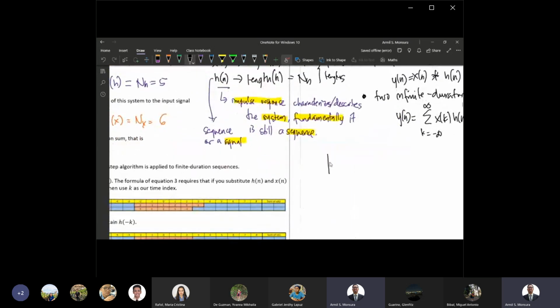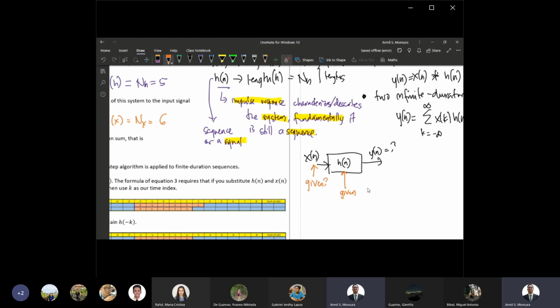Visually na lang, given a system that is being described by the impulse response hn, what would be the output sequence yn, given a certain xn. So ito yung given ninyo, given ito, at saka ito.